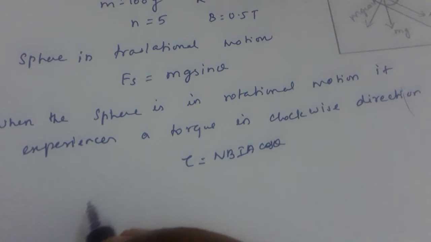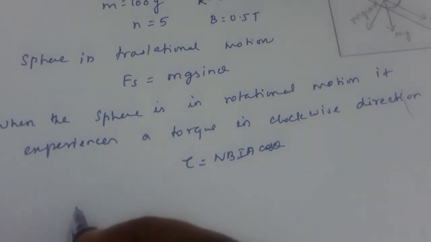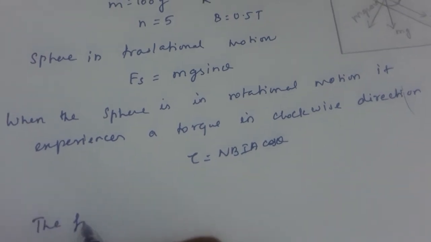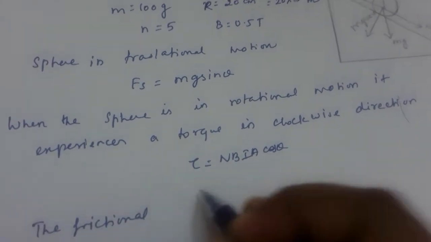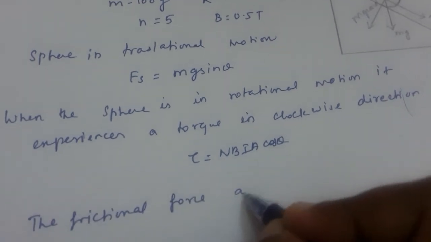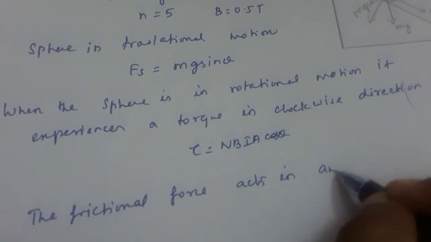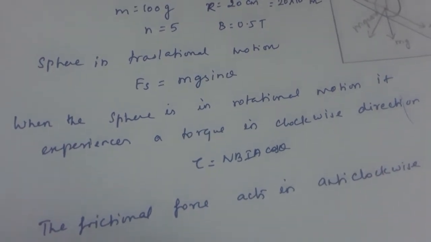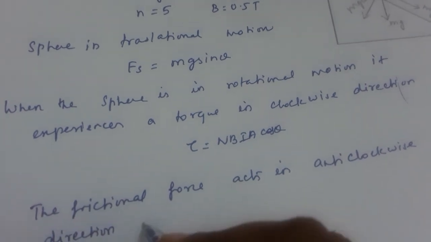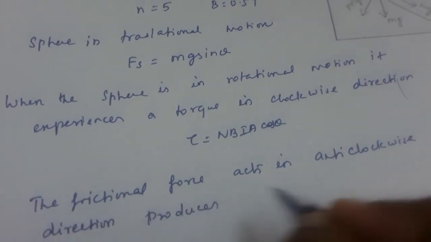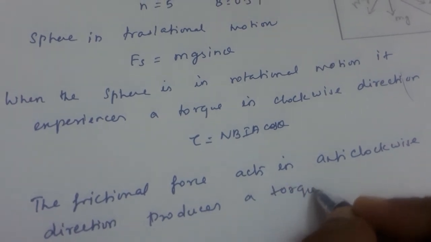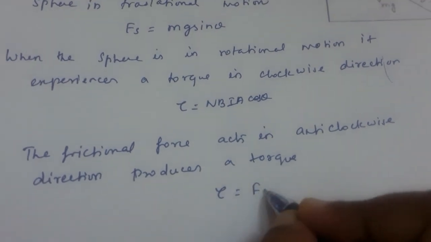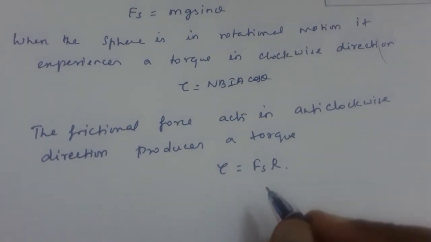Now, there is a frictional force acting in the anti-clockwise direction against the torque. So that torque is given, that is, this is the torque due to the frictional force. So the frictional force into radius.